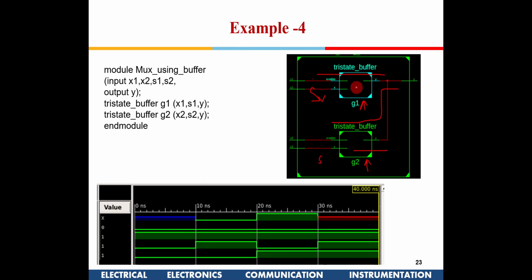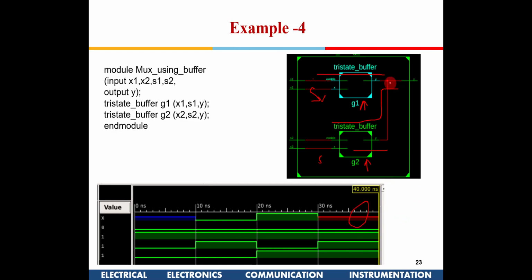But suppose both the tri-states are activated, and one input is 1 and the other input is 0. Even this simulator, at the output, if the tri-state buffer is implemented in this manner, and I have a clash of 1 and 0 coming here, the simulator will show an unknown output.